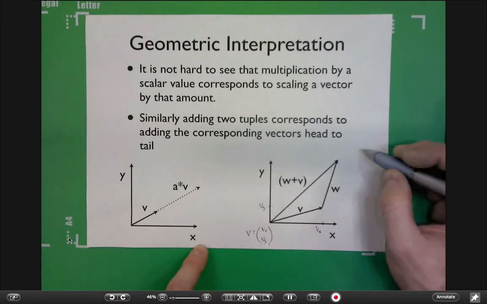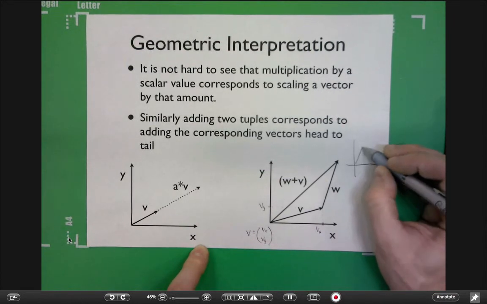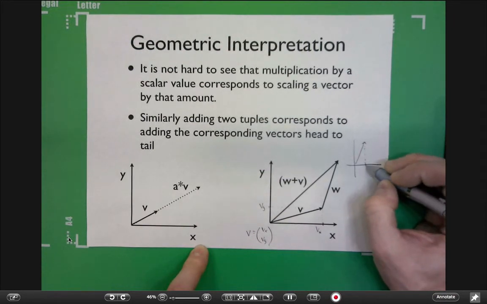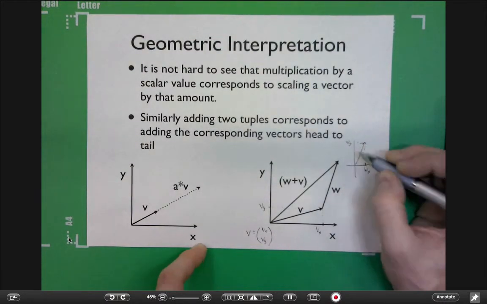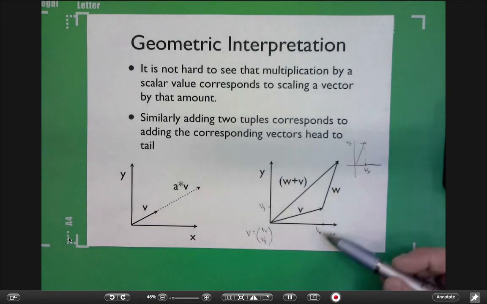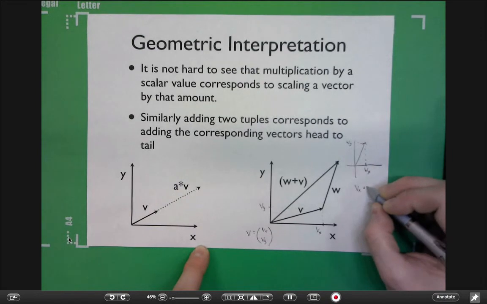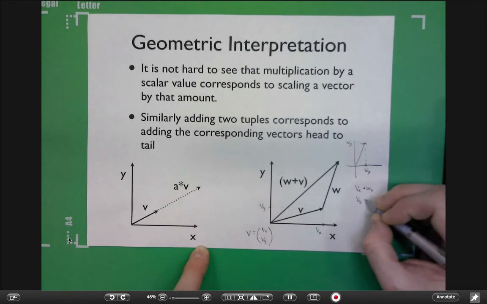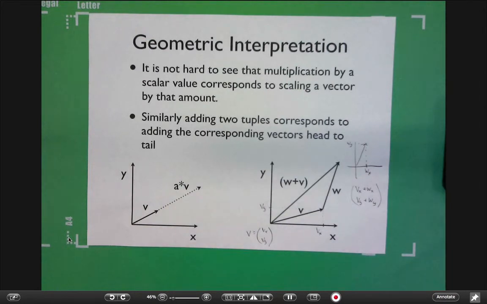But let's see. If I had another coordinate system, my vector w would be again something that has coordinates wx and wy. And if I add it together, w plus v is going to have coordinates, of course, vx plus wx and vy plus wy, right? And it just so happens that geometrically I can draw it like this.